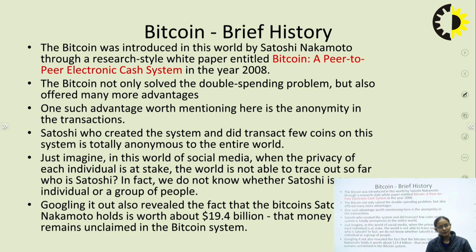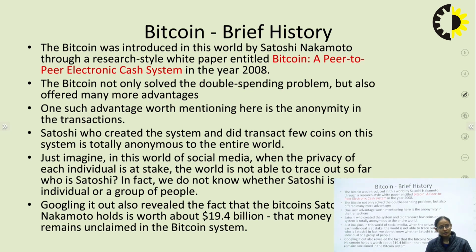One such advantage is that it maintains anonymity in the transaction, that is, who is the sender and who is the receiver. Both parties are not aware of each other's actual identity. Satoshi, who created the system and did transact a few coins on this system, is totally anonymous to the entire world till now.